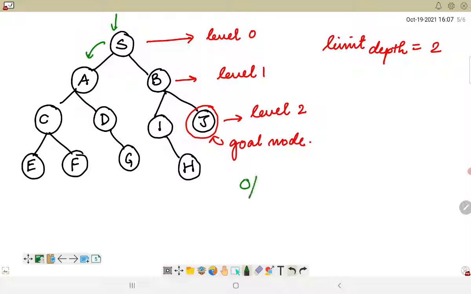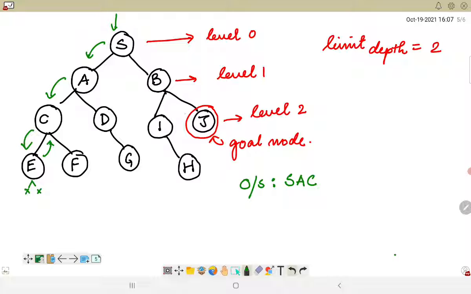So the output sequence will initially have S, followed by A, then C, and then E. Since E does not have any other nodes, it would backtrack. However, this is the traditional DFS I am talking about.